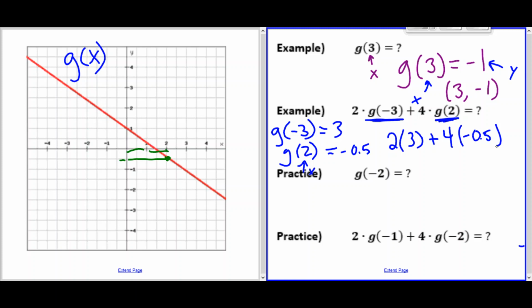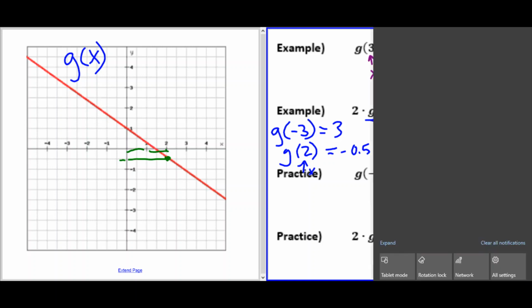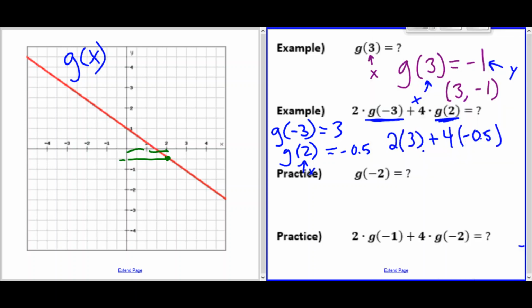This is a problem that you could put in your calculator, but I'm going to work it out step by step for you. 2 times 3 is 6. 6 plus 4 times -0.5 is -2. So 6 plus -2 is like saying 6 minus 2, which is 4. So your answer there is 4.